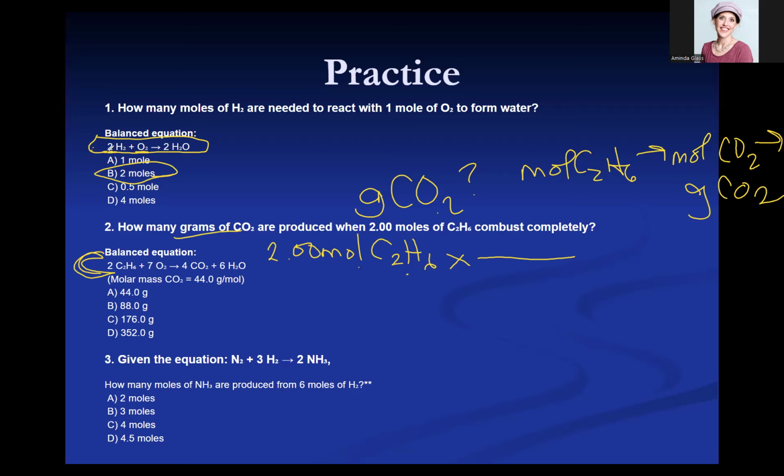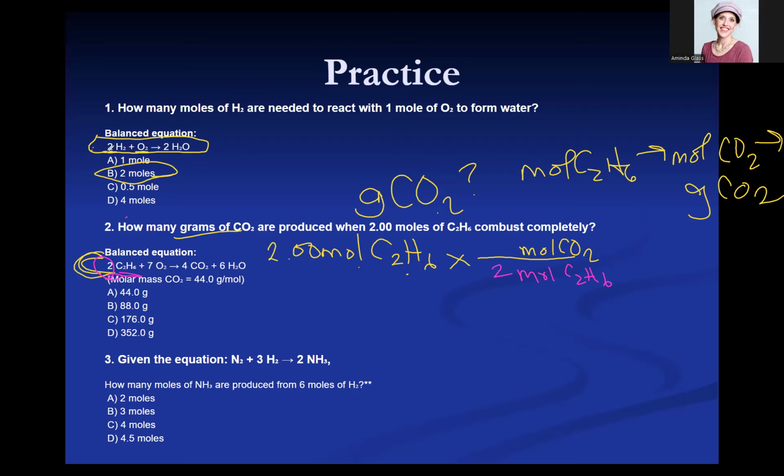Okay, so I want to go to moles of CO2. So I look at my balanced equation. I have to cancel out my moles of C2H6. How many moles of C2H6 do I have?